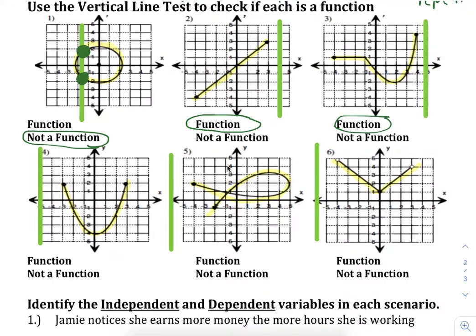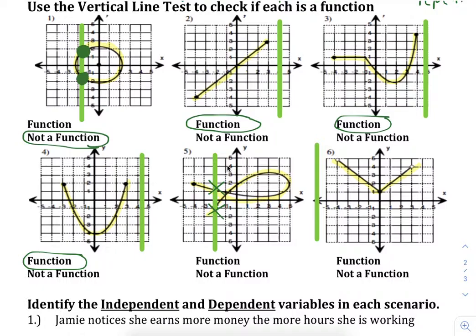It's only touching once. Let's go down to the bottom. All right, sliding across, only touching once, all the way over. He's all good. So this guy is a function. Let's check out this little one that looks kind of like a fish. The second that I get right here, he's still only hitting once. But when I get right there, boom, I'm hitting once here and once here.